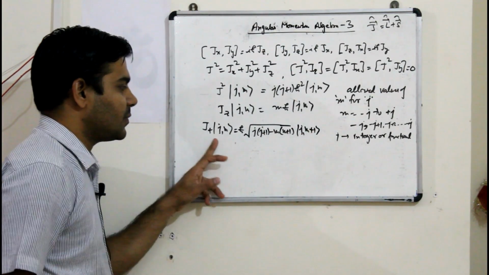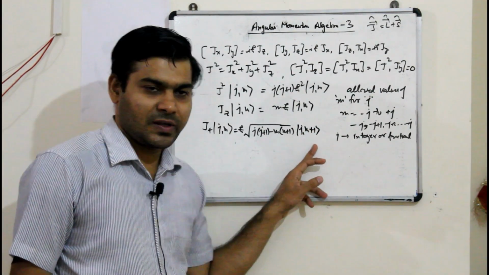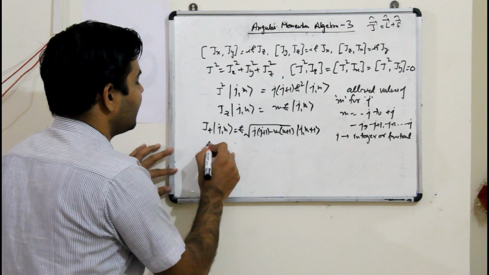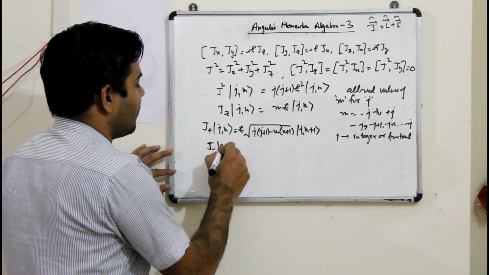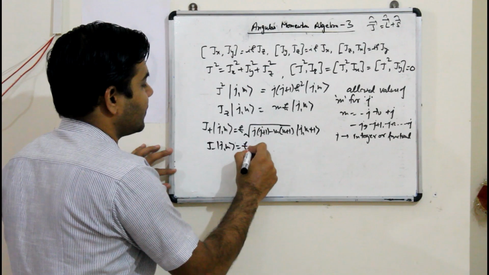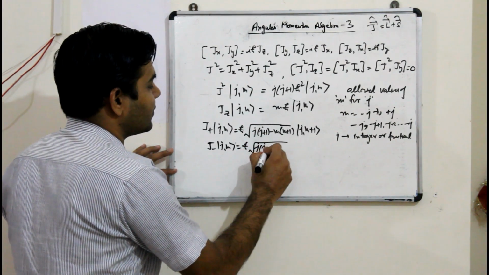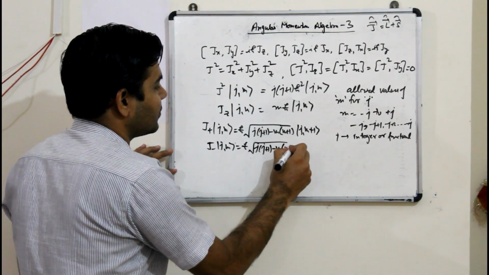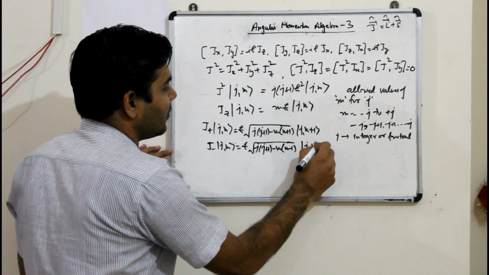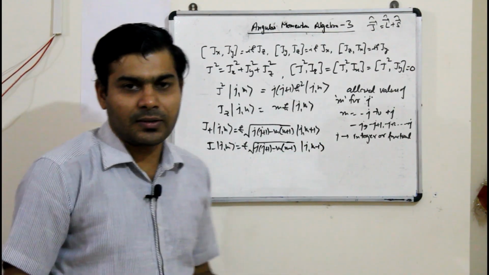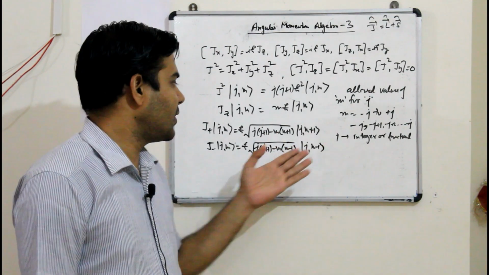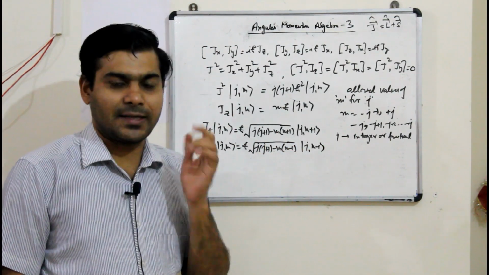That is, the action of J plus is to raise m by 1. It doesn't alter j. And similarly for J minus on |j, m>, it was ħ under the root j into j plus 1 minus m into m minus 1, |j, m-1>.